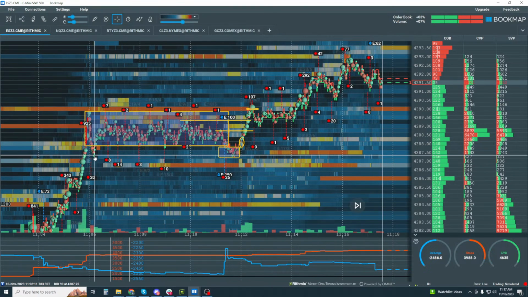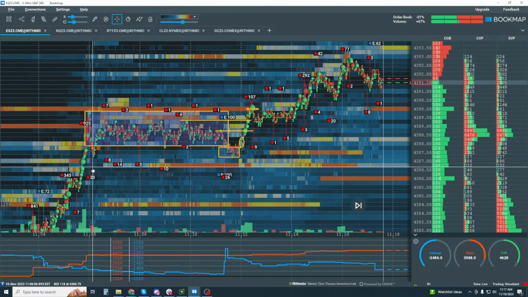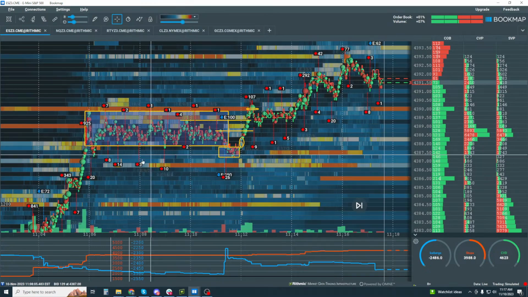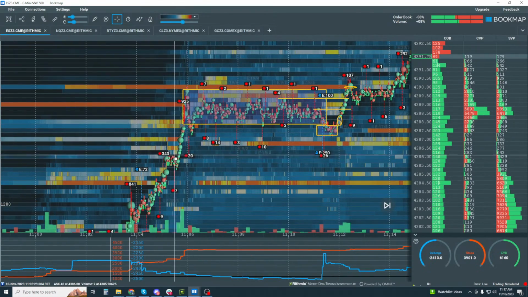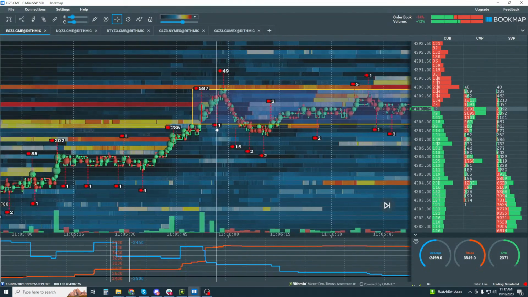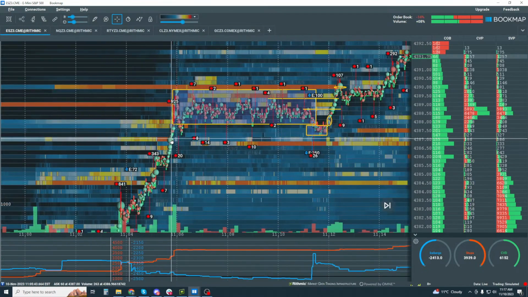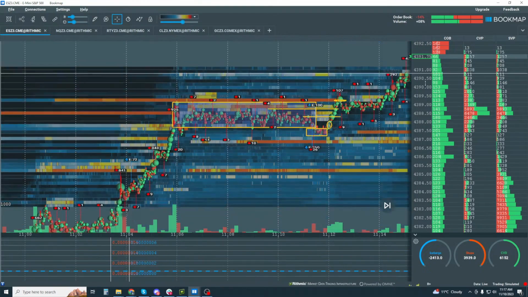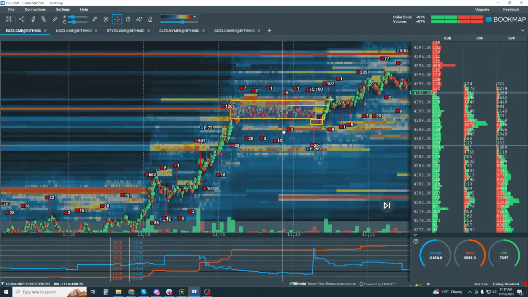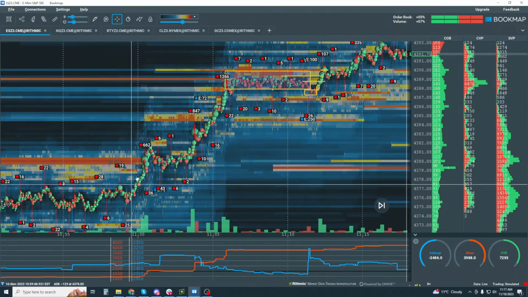Look at our little swing in here. Okay, there is a swing there. I wanted to see the move come back down into some of the bigger little pauses in here. We didn't get it, right? So I missed it.